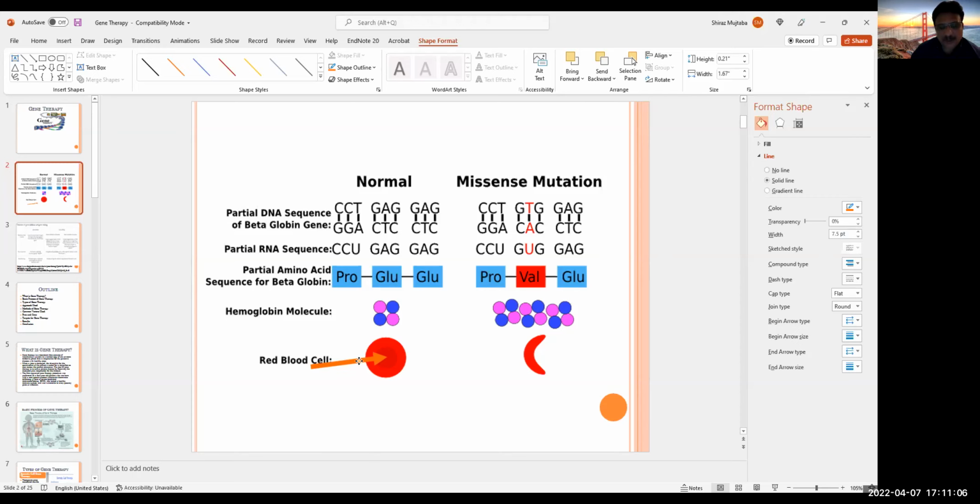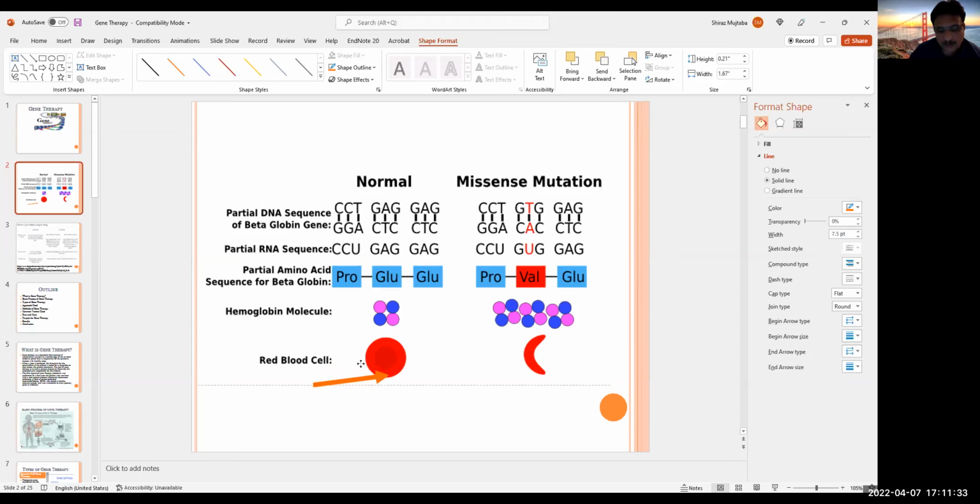Another interesting thing is that, one of the hypotheses is that sickle cell anemia mainly developed in those areas of the world where malaria was endemic, right? Because the malarial parasite enters into the RBC, and that's the house where it lives to grow.